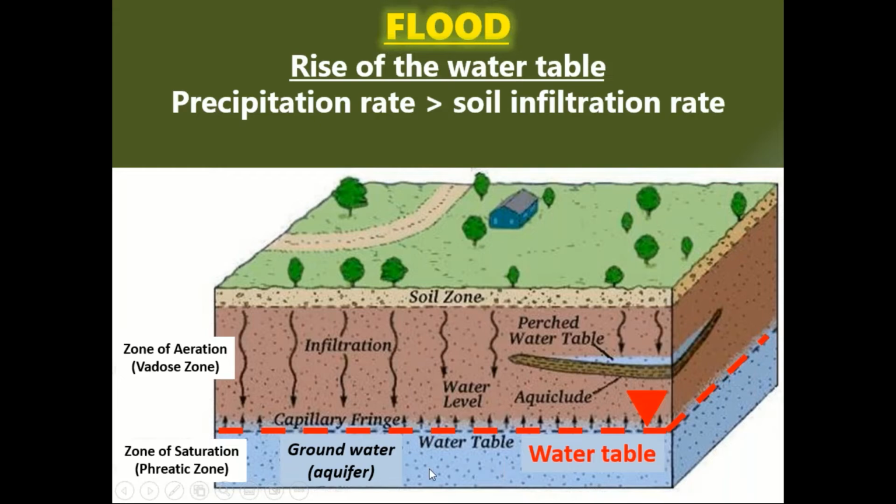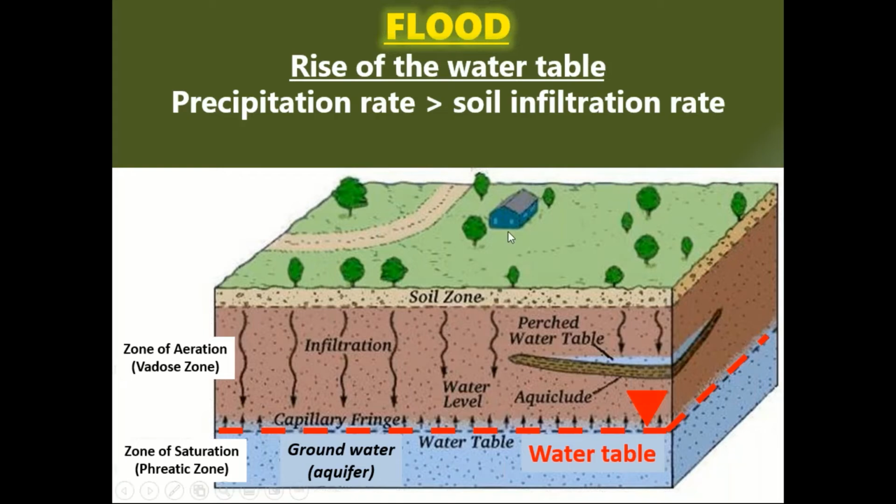So below the water table, all of the pore spaces in the rock and the soil are full of water. And from above the water table up to the Earth's surface, that's called the zone of aeration or the vadose zone, and all of the pore spaces in the rock or the soil are filled with air. So the water table is not a static thing anyway. It rises and falls based on atmospheric pressure.